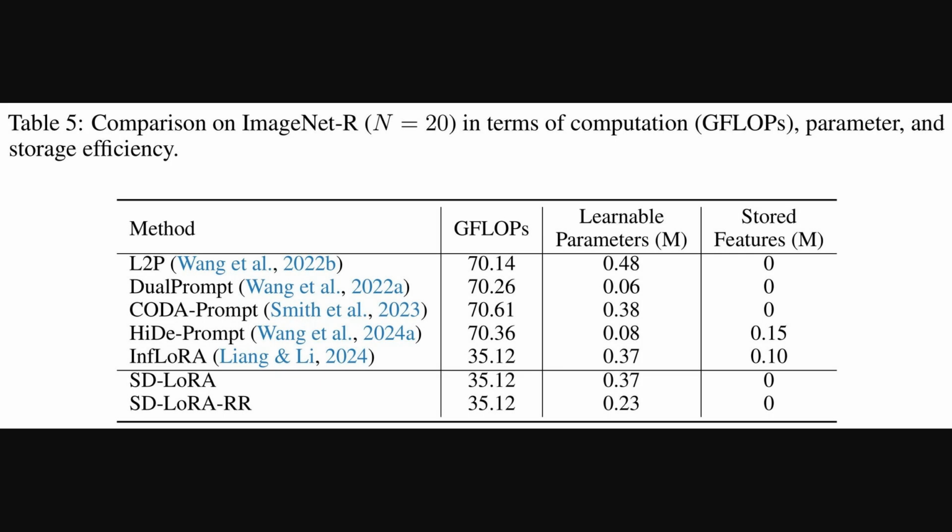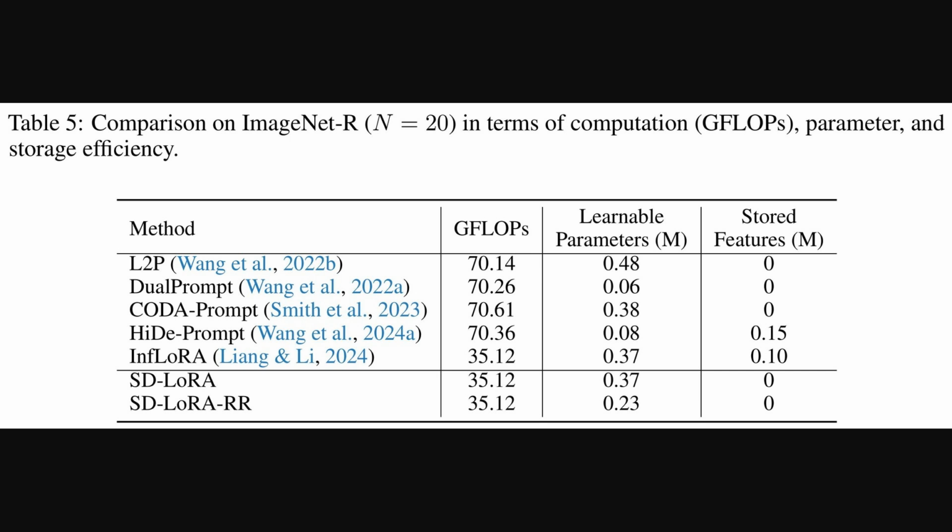Alright, beyond just accuracy, this table focuses on efficiency for 20 tasks on ImageNet-R. It compares methods using GFLOPs. That's Giga Floating Point Operations per Second, measuring computation, learnable parameters, the model's adjustable settings, and stored features or data kept from old tasks.